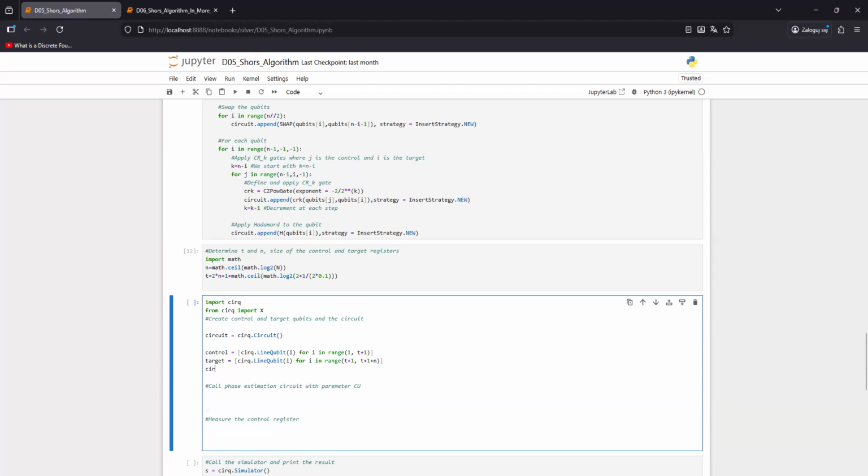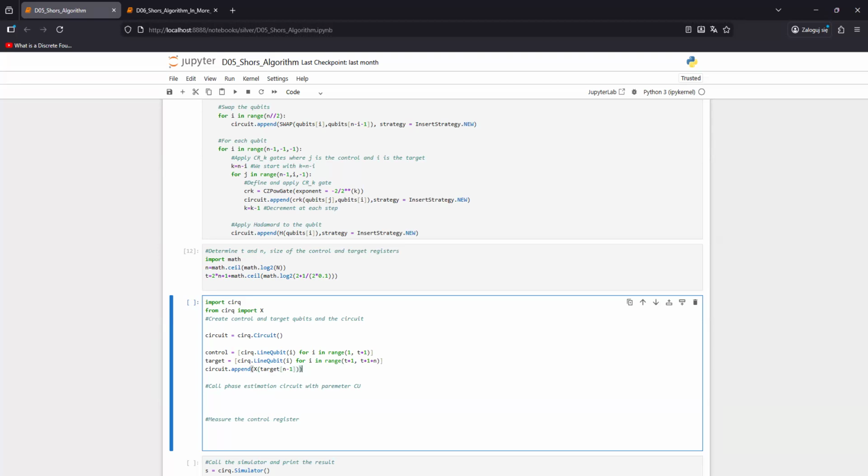Okay, and we also need to use the X gate on the last qubit in our target register. Target, and here the last one will be this one, because we have n qubits in the target register.